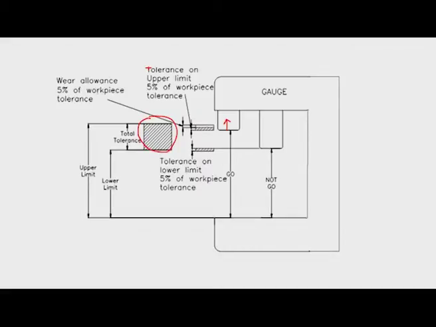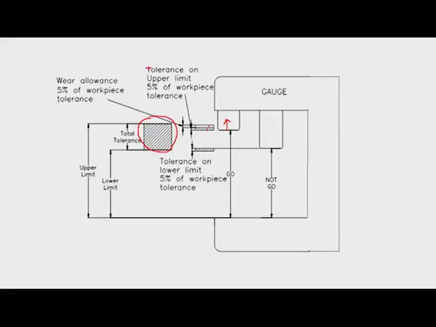So this is the gauge tolerance, which is taken as 5% of the work tolerance. In addition to that, wear allowance is given, which is again taken as 5% of the tolerance. So wear allowance, then the gauge tolerance is provided.